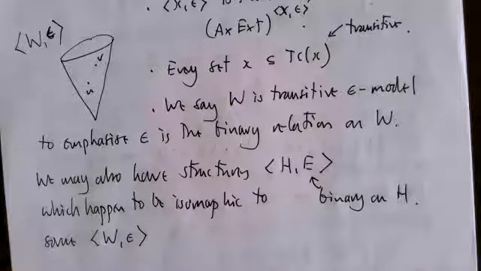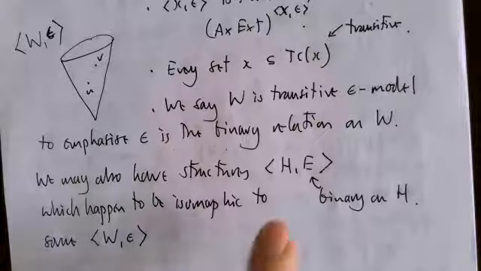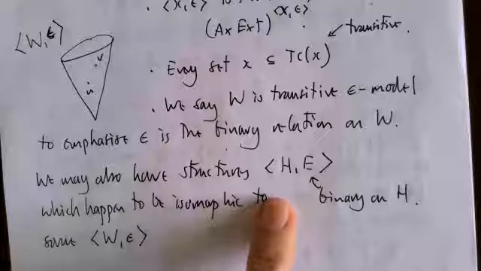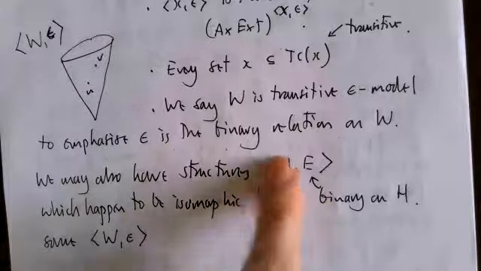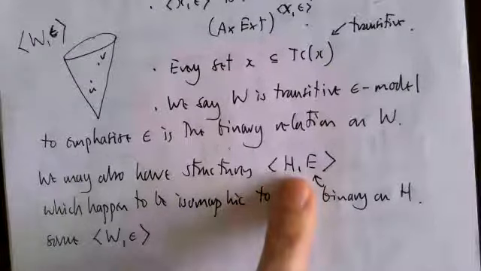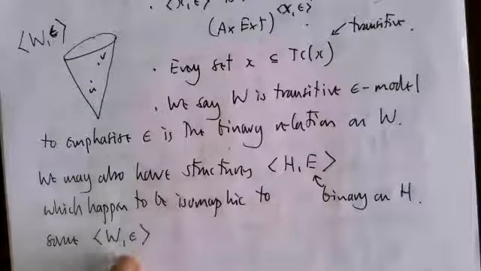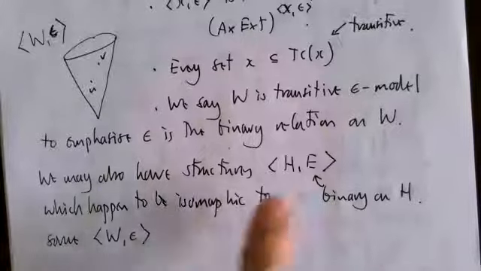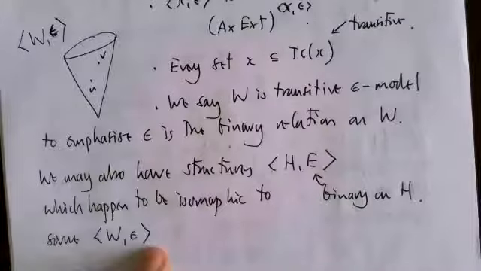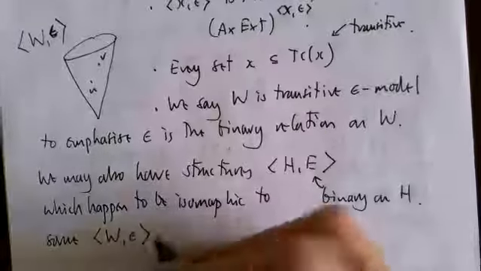So we'd like to know when this happens, when, if I've got a model like this, I can find an epsilon interpretation which is isomorphic to it.